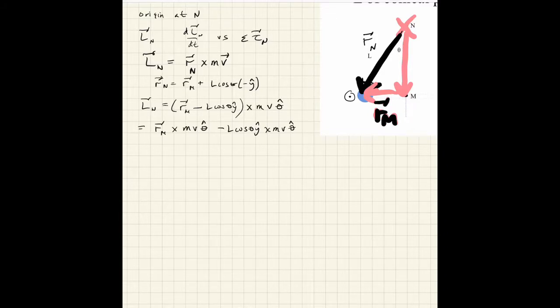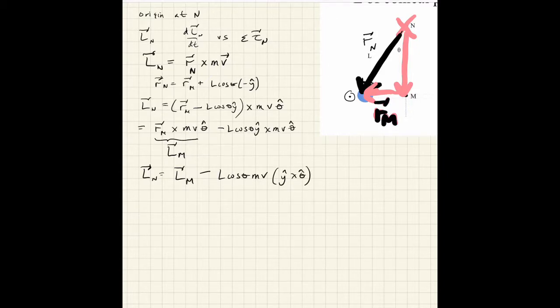And this is just L sub m. Crazy, right? So L sub n is going to have a component that is just the angular momentum when I had my axes here, because that's R sub m, minus L cosine theta, and I'm just going to pull that mv out, y hat crossed with theta hat.